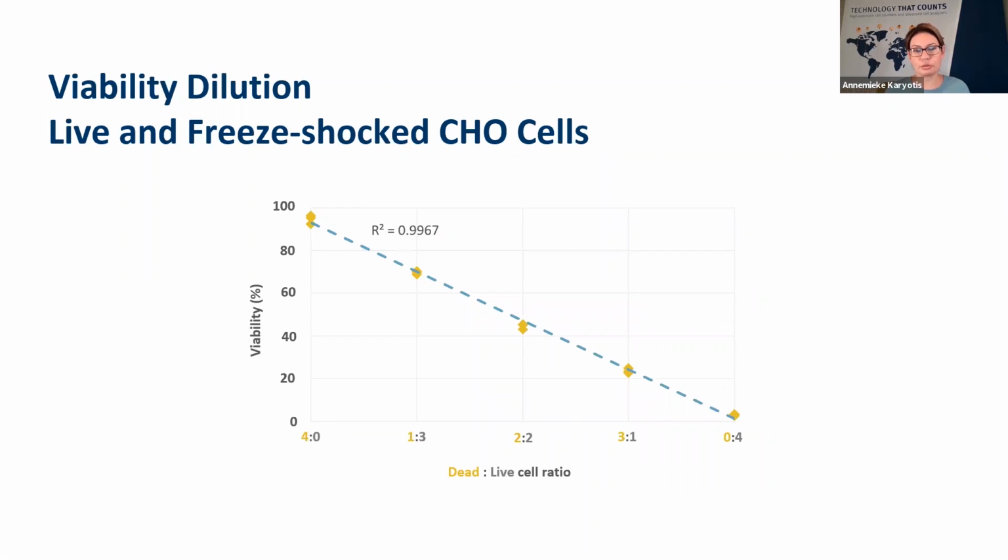And here we go. So again, the NC202 gave great linearity when we mixed a dead to live cell ratio with viability. We freeze shocked these CHO cells. You can also use, for example, ethanol to kill your cells. There's various methods.